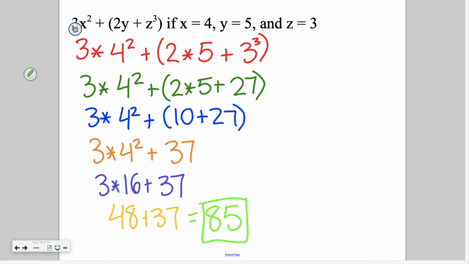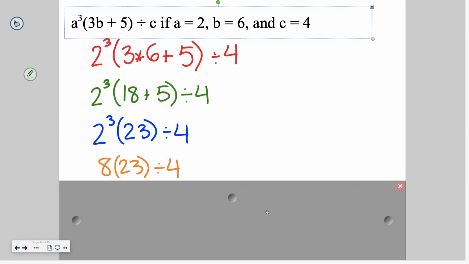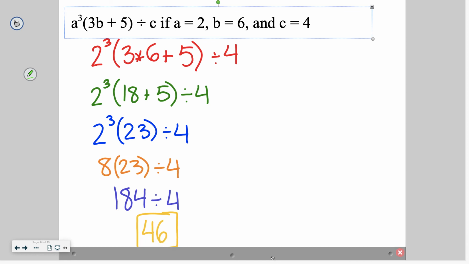So again, plug in your numbers and then follow PEMDAS order. Go ahead and try this one on your own. Again, plugging in the numbers, working through solving in PEMDAS order, you get a final answer of 46.